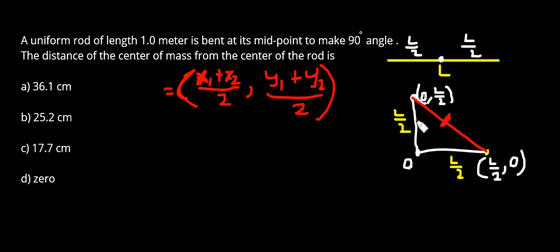When we are representing in the graphical representation, we are going to use this formula as the midpoint formula. So let us consider this point as A, this point as B. This is the midpoint of AB.